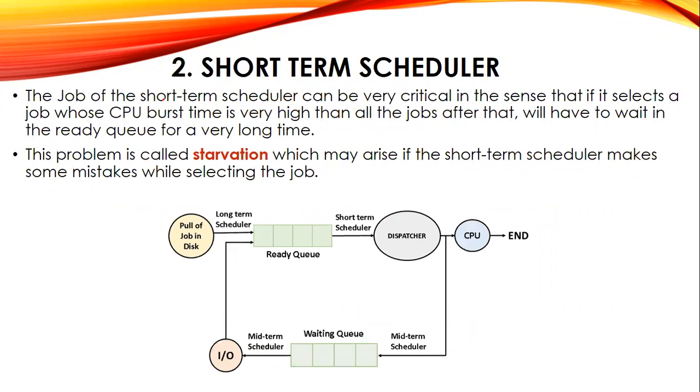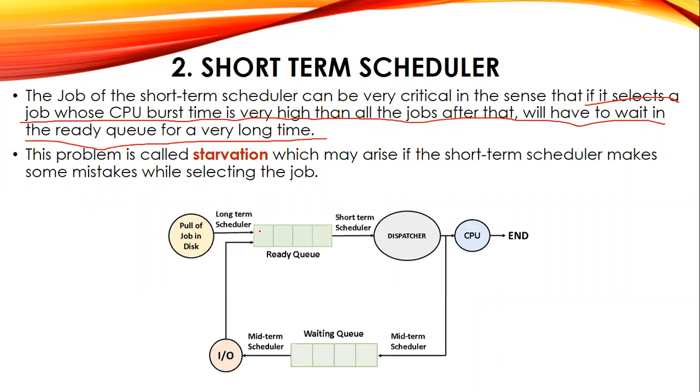The task of this scheduler is very critical: if it selects a job whose CPU burst time is very high, then all the jobs after that will have to wait in the ready queue for a very long time.